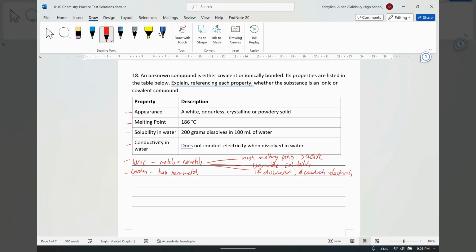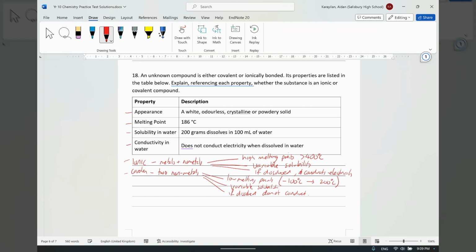And that's pretty much it. Covalent has low melting points normally. And we're talking negative 100 degrees Celsius all the way up to maybe 200 or so. They also have variable solubility, but if they do dissolve, they do not conduct electricity.